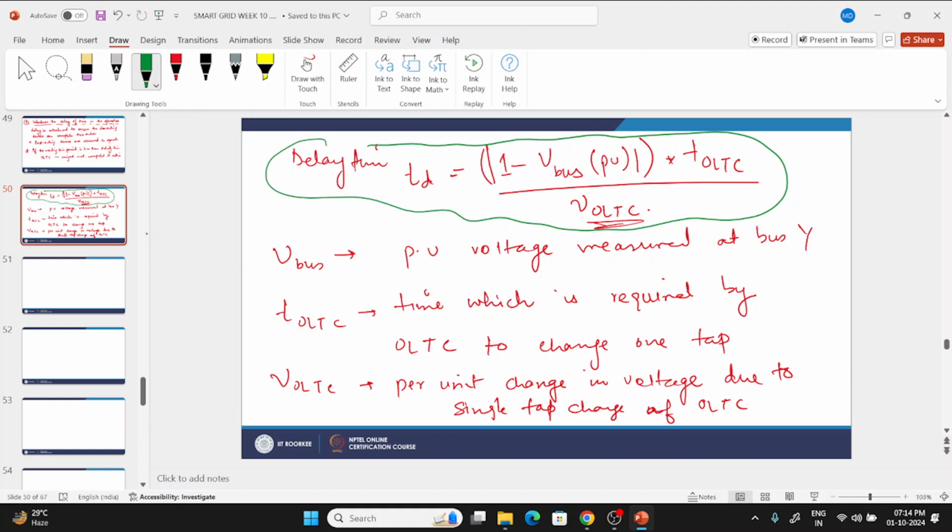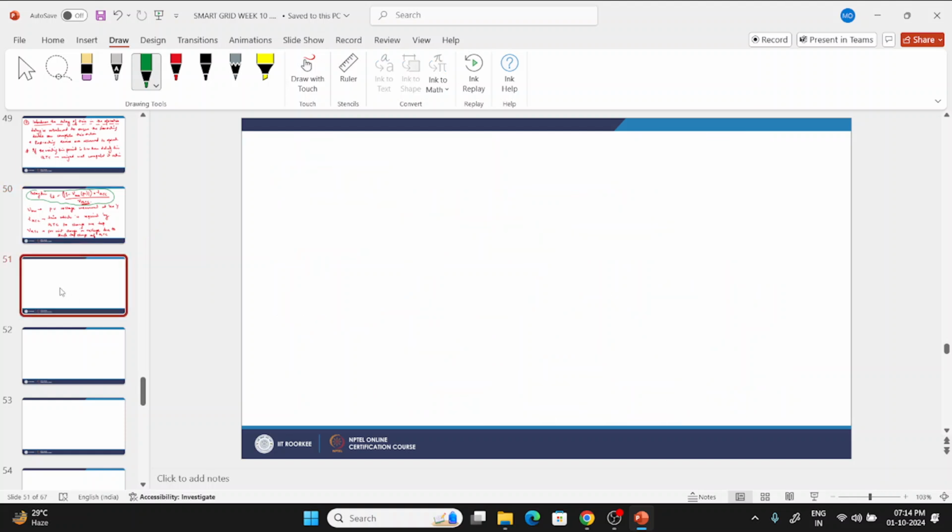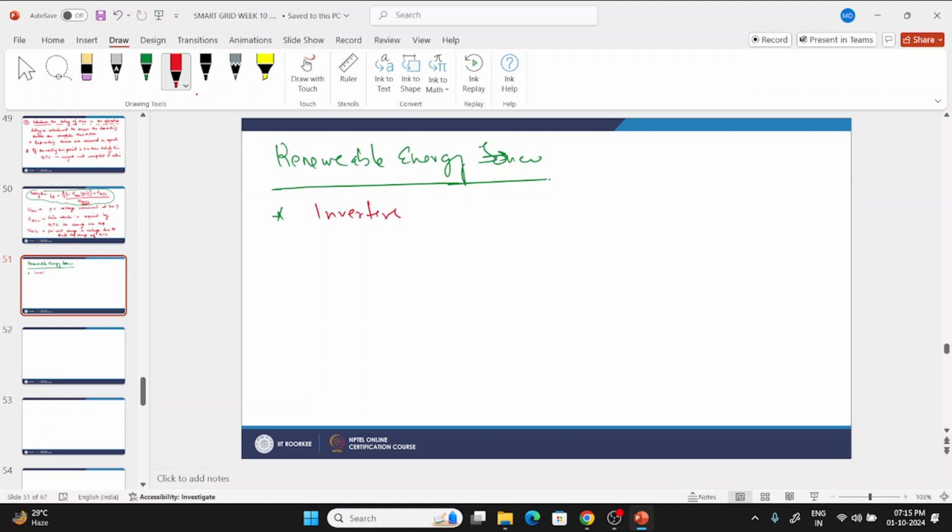Now, another thing here which I want to discuss with you is how the renewable energy sources are connected to the microgrid. ओके, तो किस तरीके से क्या होता है कि रिन्यूएबल एनर्जी एप्लीकेशन में जनरली इन्वर्टर्स are connected in parallel.